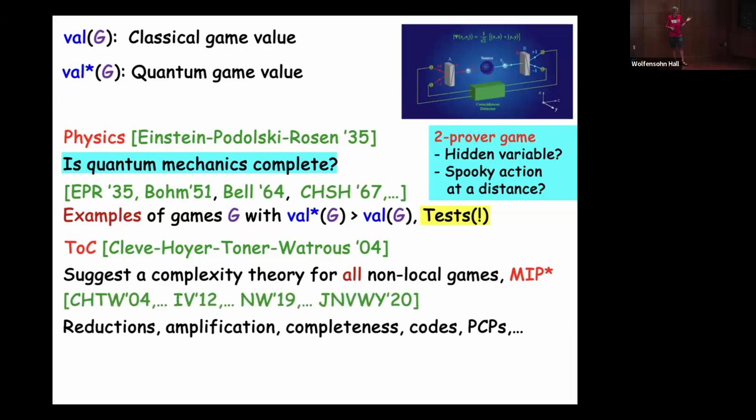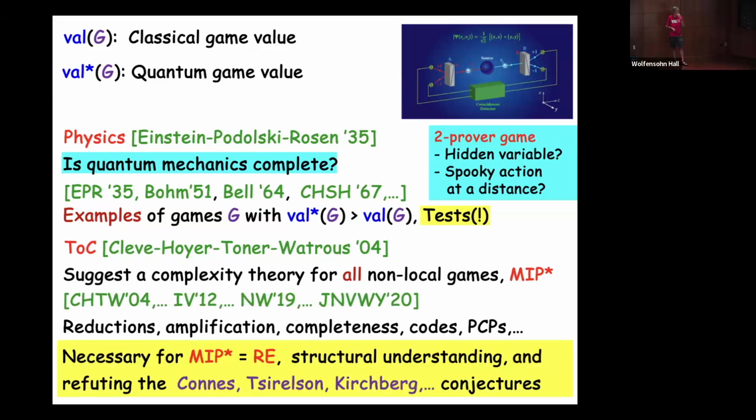And I think the sequence of papers that finally arrived at this solution, MIP star equal RE, really builds on a lot of the methodology of computational complexity, used previous results on PCPs, on MIPs and coding theory, and still it's 200 pages. But anyway, we have this understanding, and further we have the implications that I mentioned.